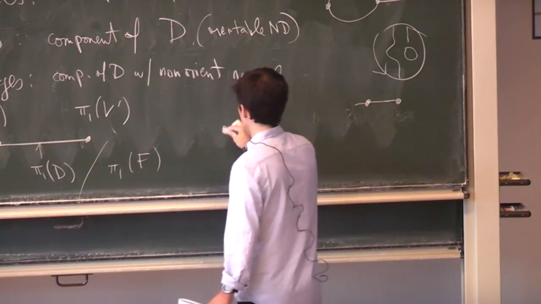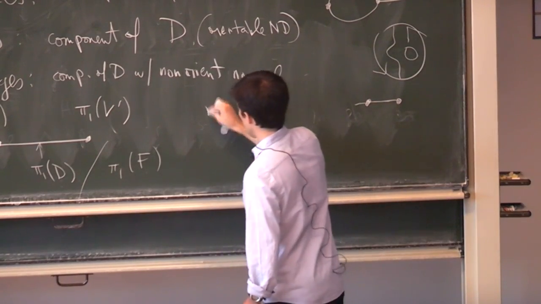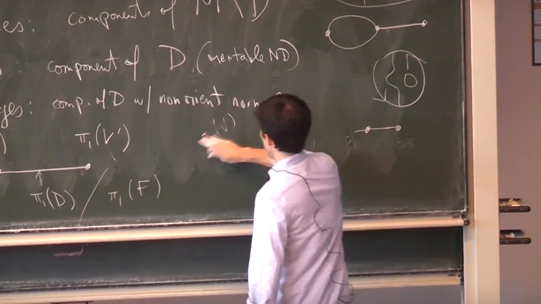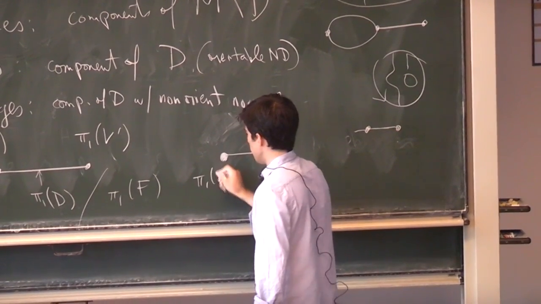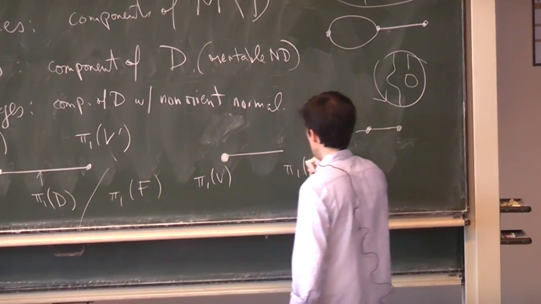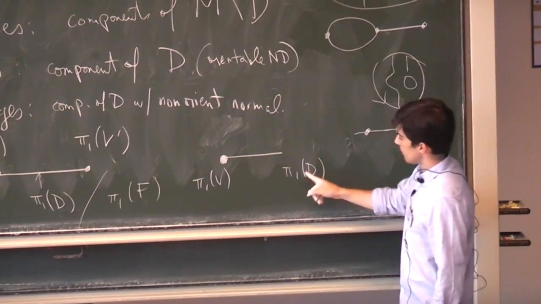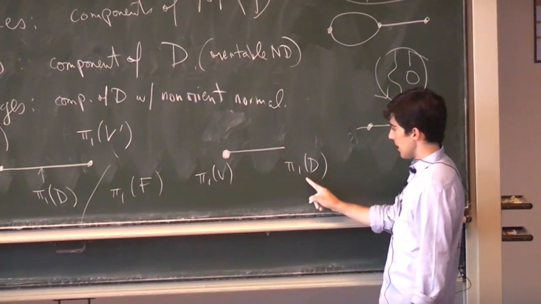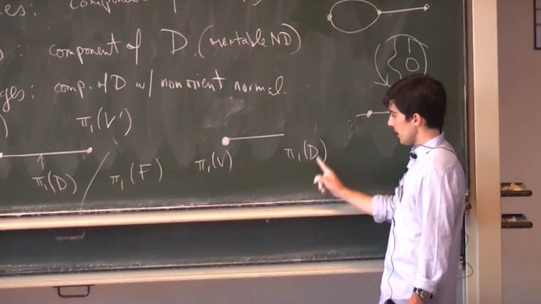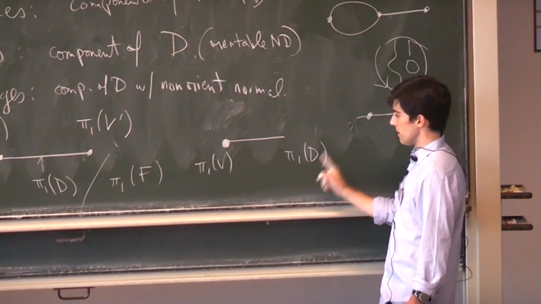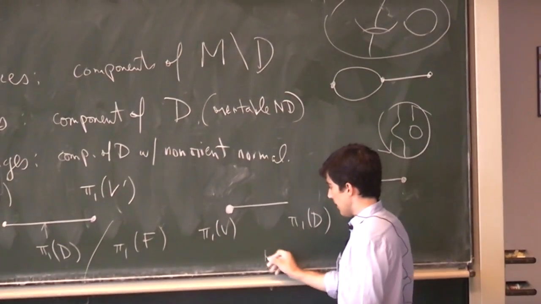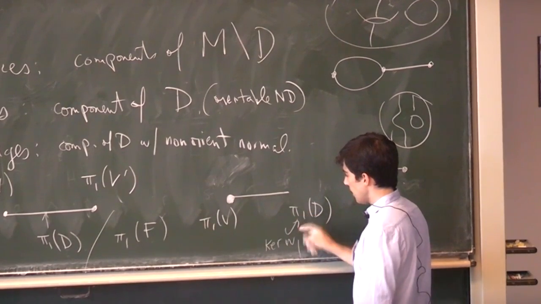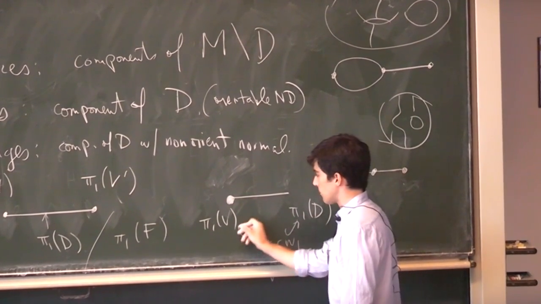And then for this half edge, you're going to put pi1 of V, let me draw it below. So here you'll have pi1 of V, pi1 of D. Okay, and then because D has a non-orientable normal bundle, this means that the first Stiefel-Whitney class of the normal bundle of D is non-zero, which means that the first Stiefel-Whitney class will have a kernel which sits inside there, and it's only this kernel that maps here.